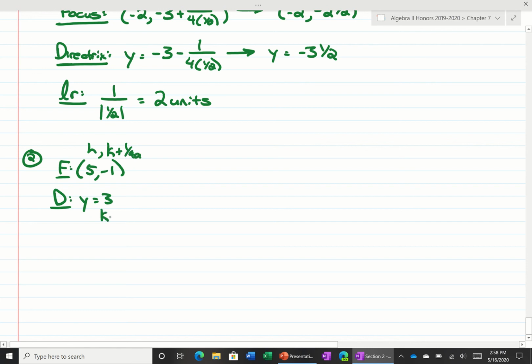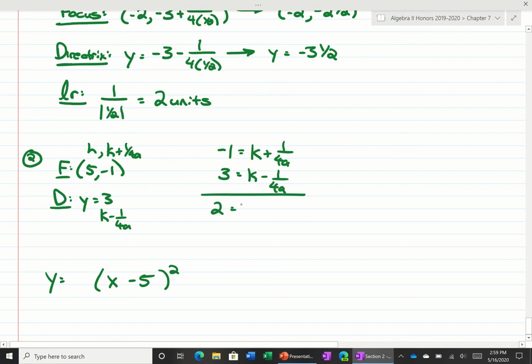We know that this is k minus 1 over 4a. So when we go to make our equation, right away we know that we have x minus 5. But now we know that -1 is equal to k plus 1 over 4a. And we know we have 3 is equal to k minus 1 over 4a.